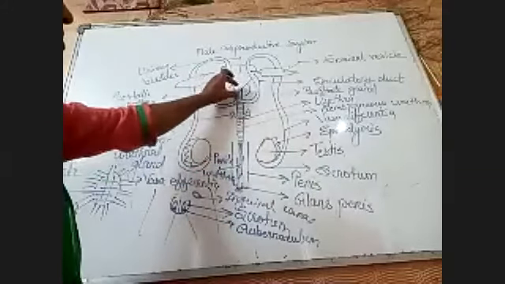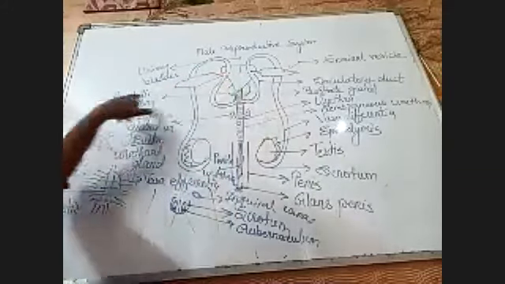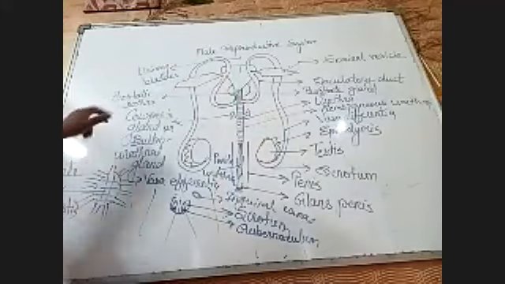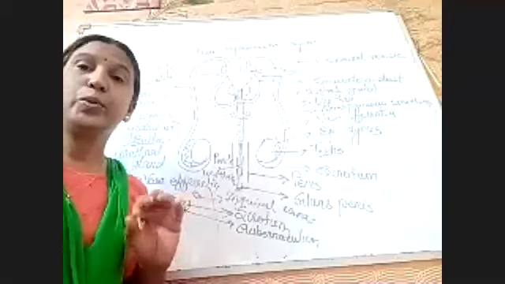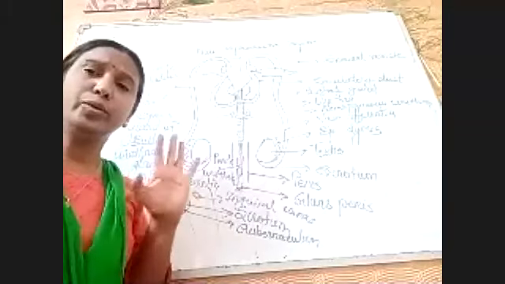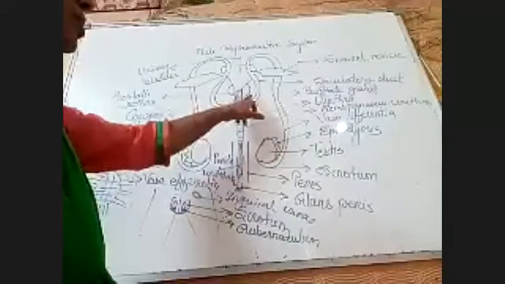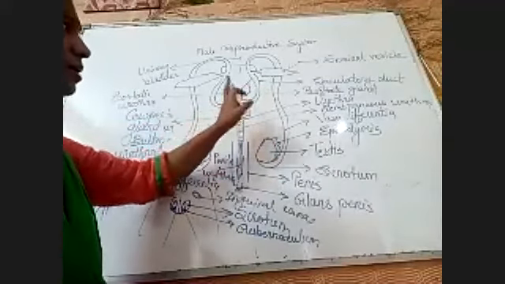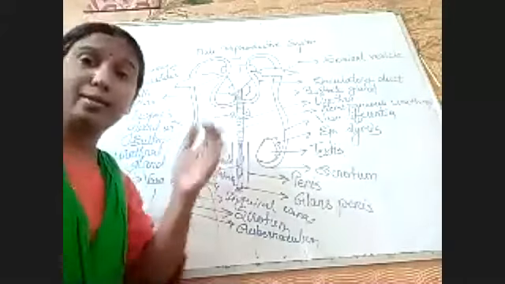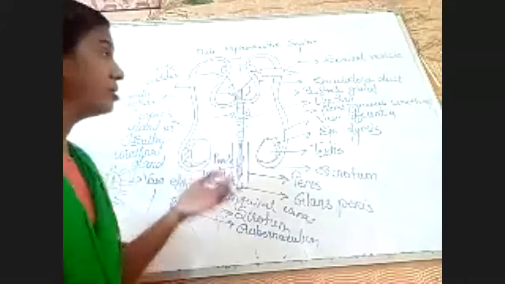The part which is surrounded by the prostate gland is called the prostatic urethra. This prostatic urethra contains only urine, because I just told you the ejaculatory duct will carry semen or seminal fluid.